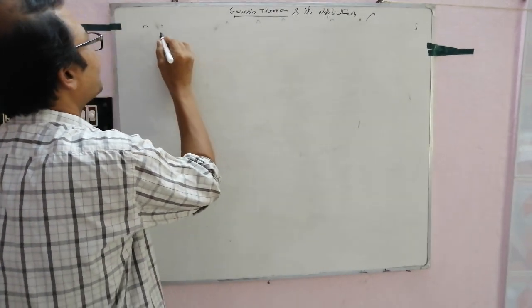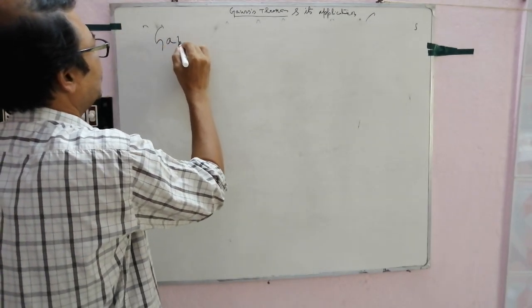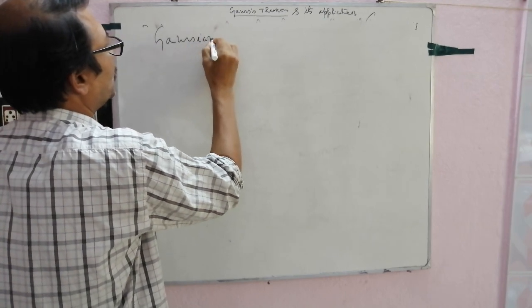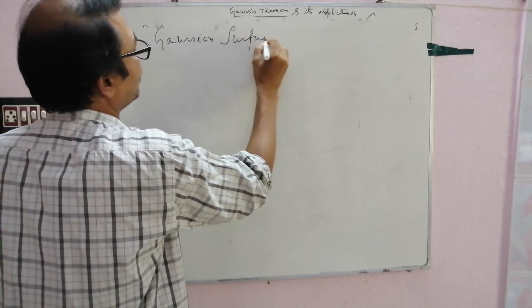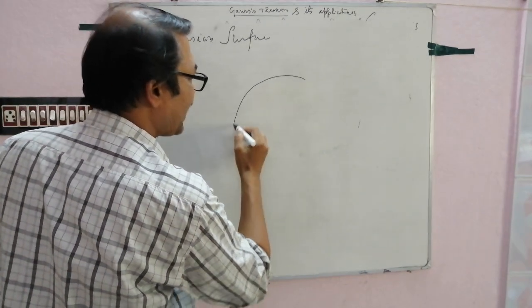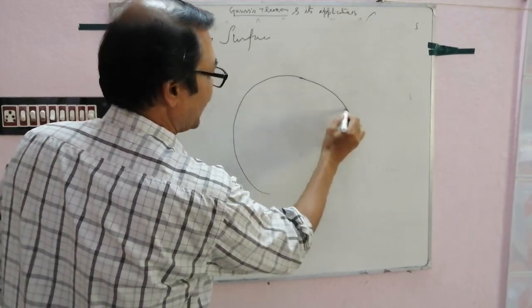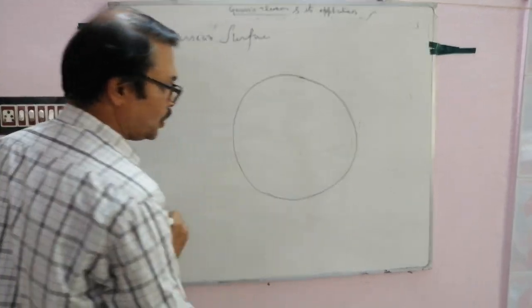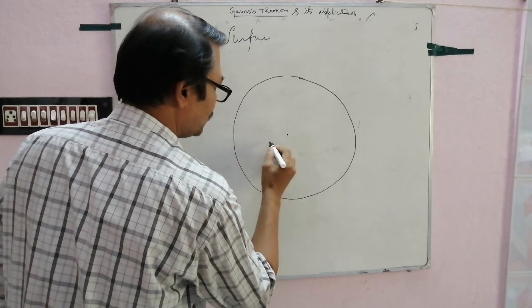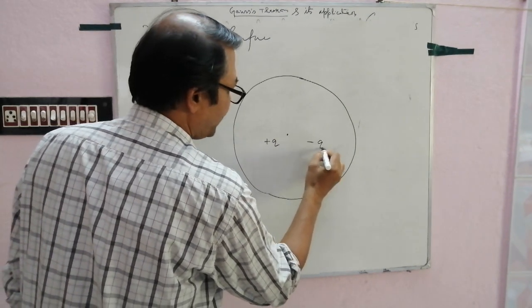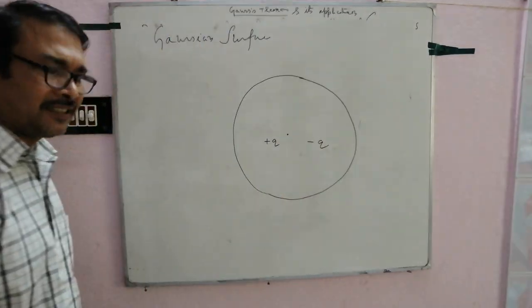What is a Gaussian surface? A Gaussian surface is a surface surrounding a distribution of charge, or a point charge, or a linear charge.